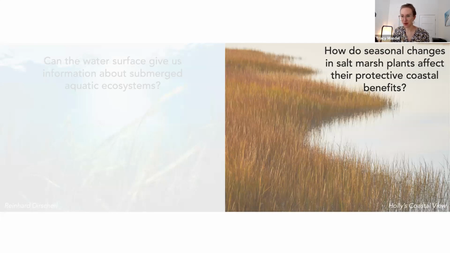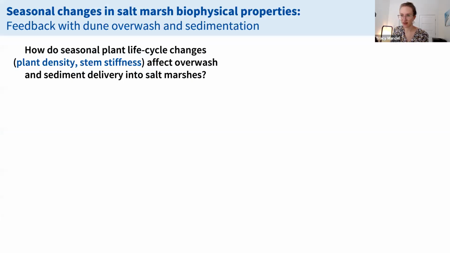So I'll talk a little bit about another project that's starting up here, looking at the interaction of flow with salt marsh plants and how changes due to the life cycle of these plants might affect whether they are more or less effective at protecting against storms and things like that at different times of year.